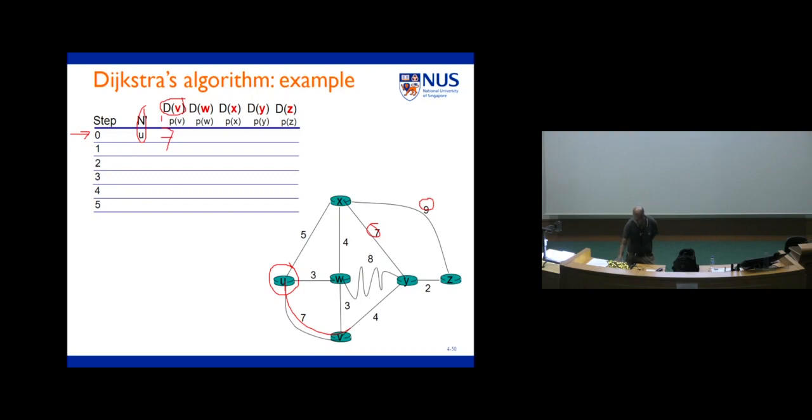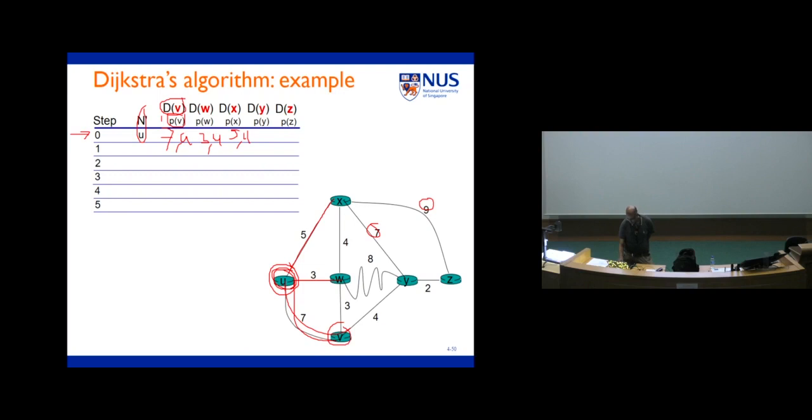And what is the predecessor node in order to go to V? On this end of the link we have U. So I can reach it directly. How about W? Well, I have a link to W. Cost is 3. Predecessor node is U. For X, I have a link. The cost is 5. And the predecessor of that is U.